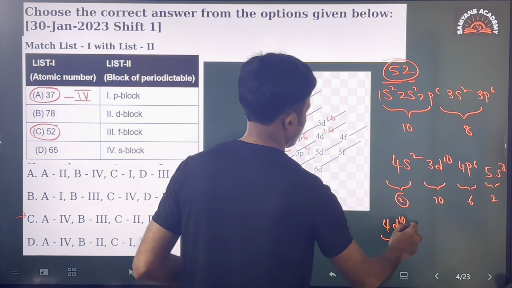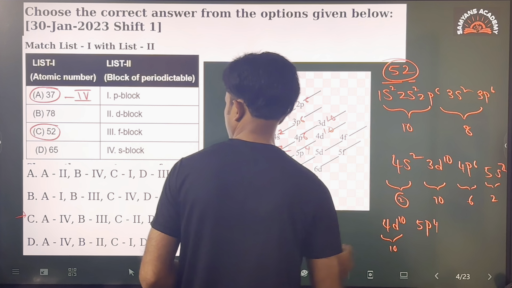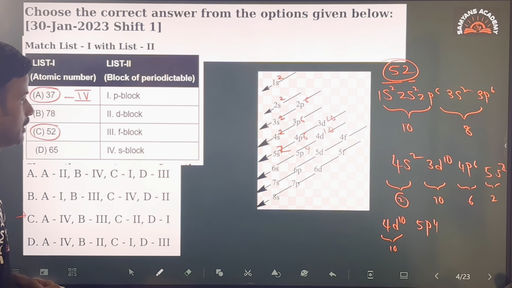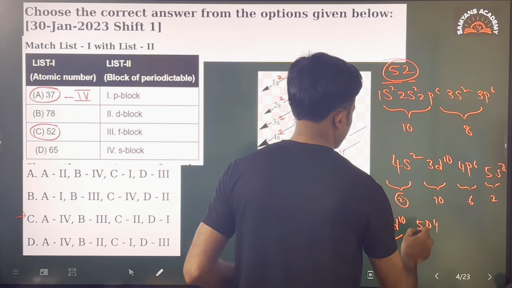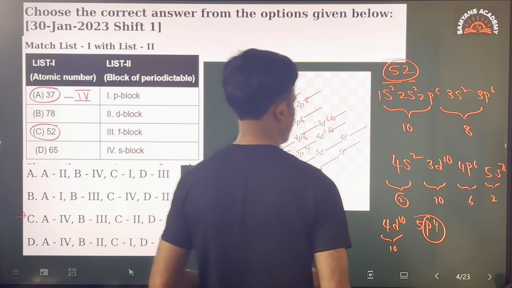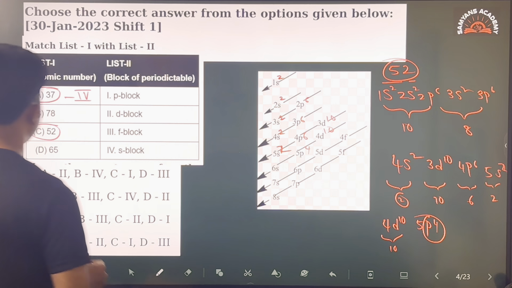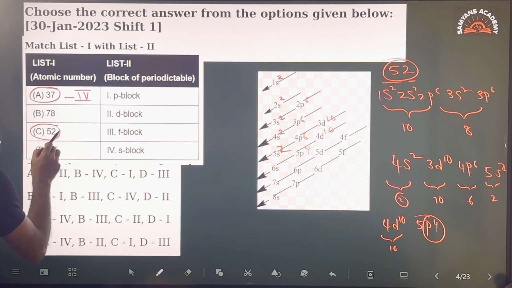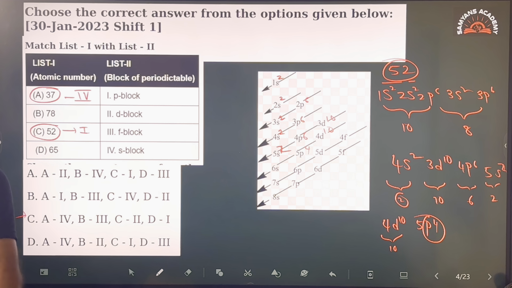With 5p4, the element with atomic number 52, which block does it belong to? The last electron enters into the p block. That means the element with 52 electrons belongs to the p block, and option C is matched with 1. So your answer D is matching.